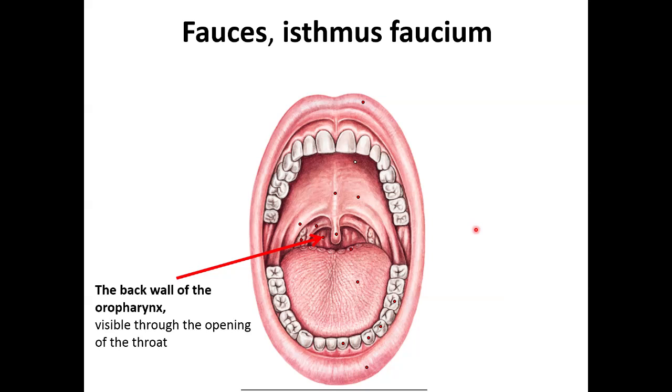So there is a question. What structures limit the fauces from lateral sides? First structure is designated by this red arrow.